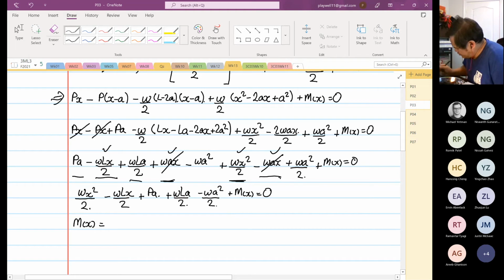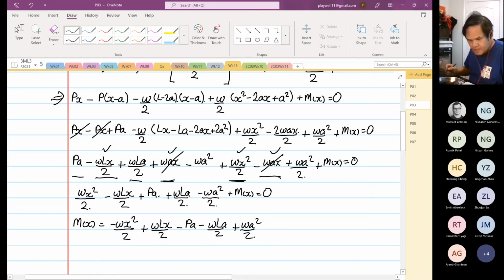This will be equal to minus omega x squared over 2 plus omega lx over 2 minus PA minus omega LA over 2 plus omega A squared over 2. I'm checking my notes now. AL minus PA plus, yeah, this is correct. Okay.